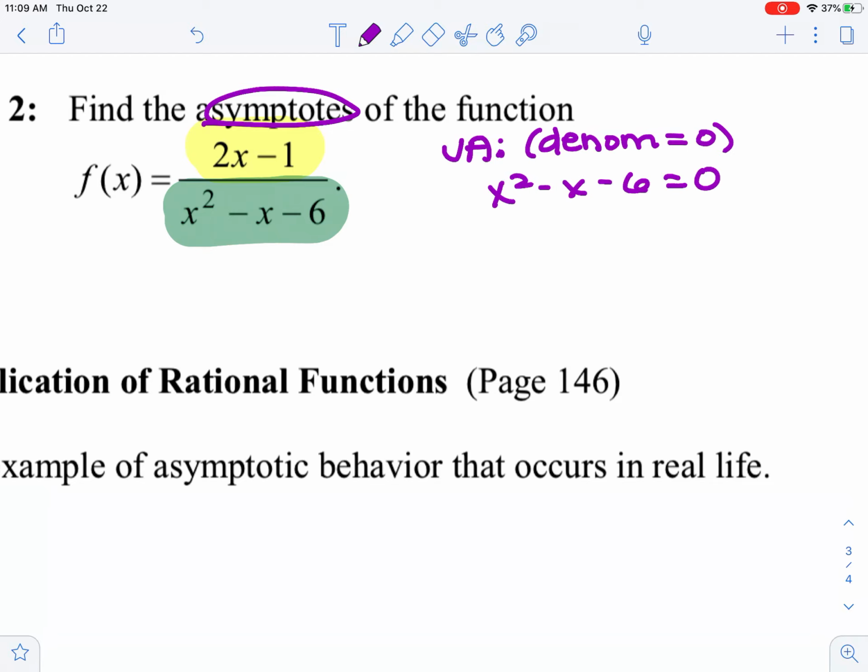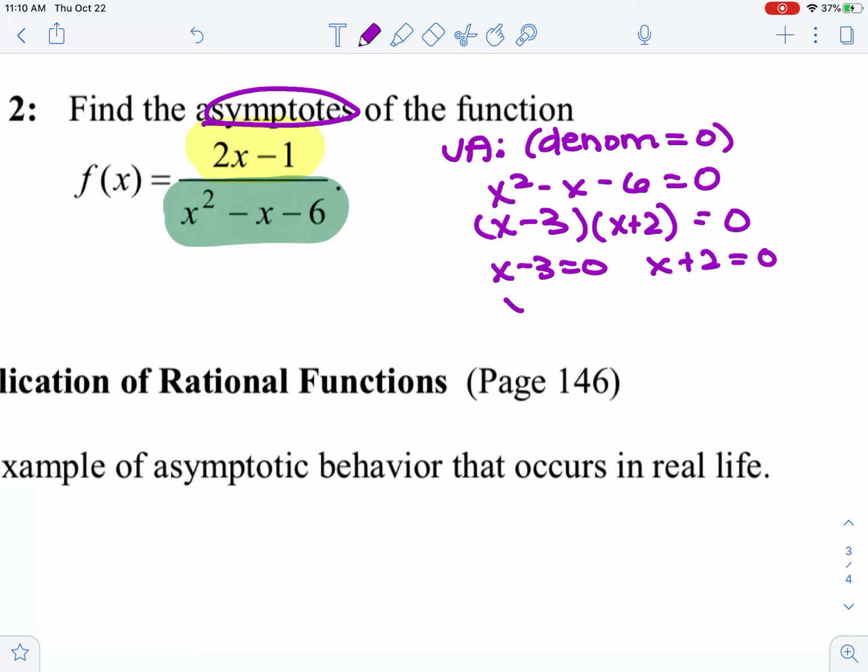You can factor or use the quadratic formula. This one is easy to factor. I know x minus 3 and x plus 2 multiply to negative 6 and add to negative x. Setting each factor equal to 0, I get x equals 3 and x equals negative 2. Those are my vertical asymptotes.